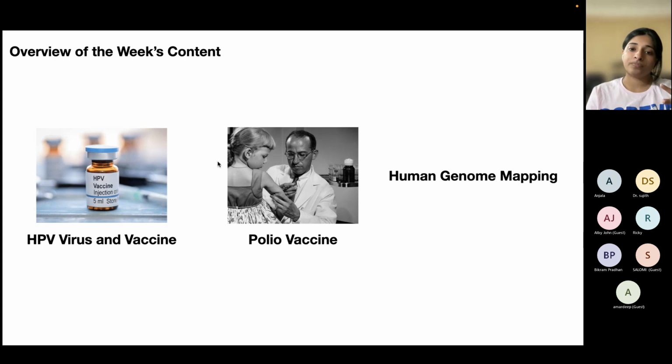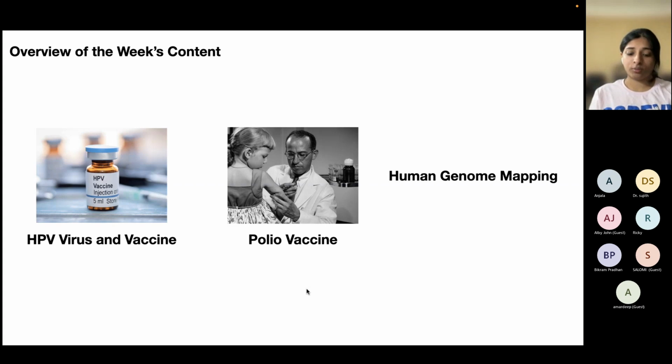Apart from that, polio vaccine. When polio was very prevalent, and I'm sure all of you would have gotten your polio drops, the oral polio vaccine, OPV that we call. But before that, when polio was very prevalent, there were large numbers of children dying of polio, and even those that survived had lifelong paralysis, their limbs were not proper.